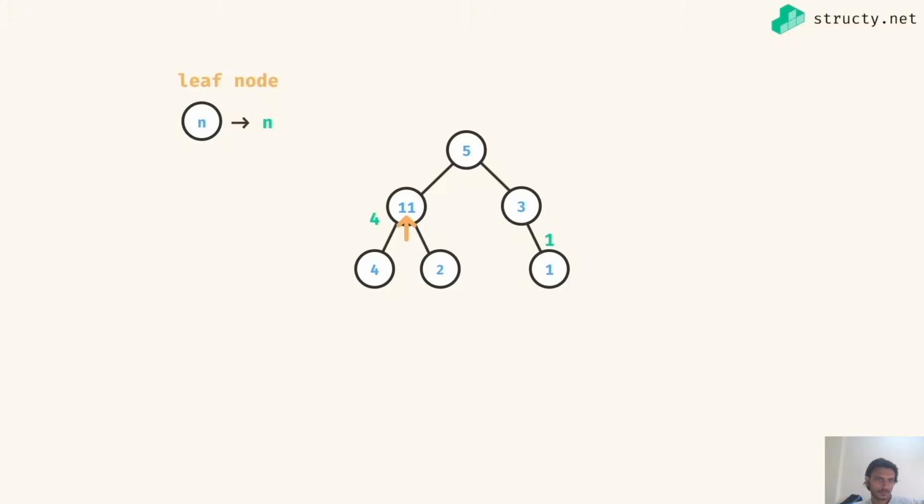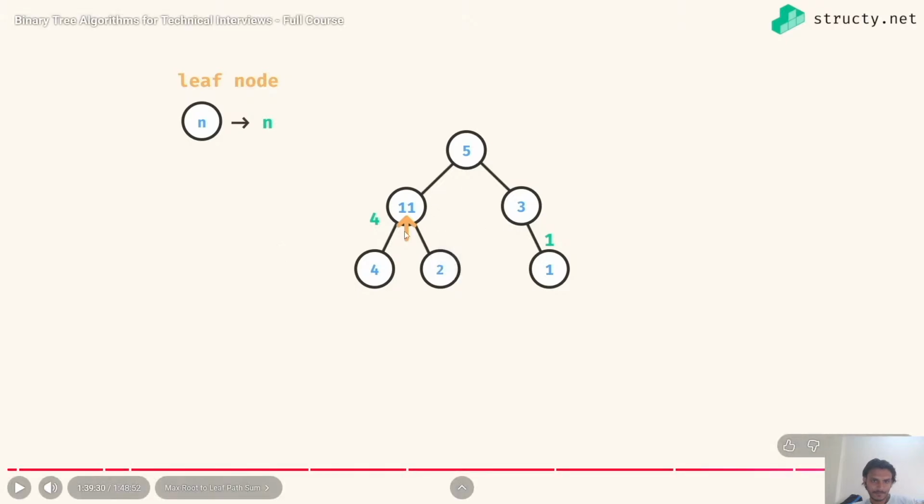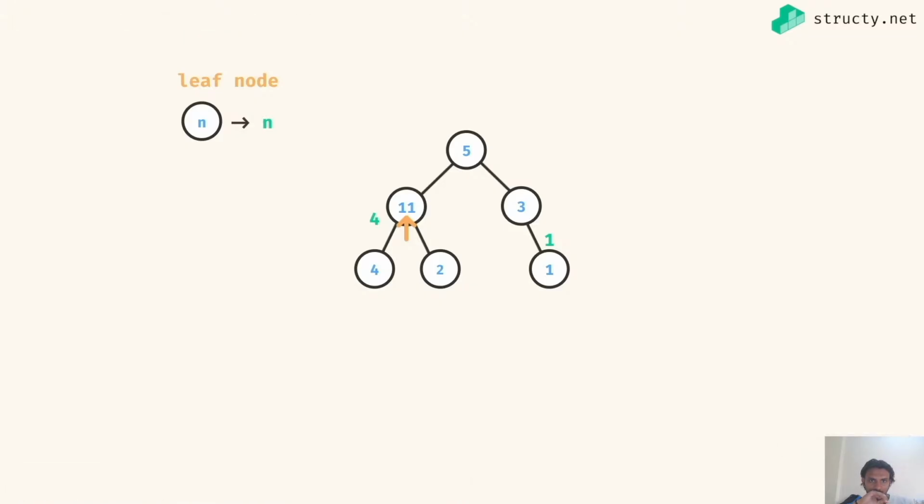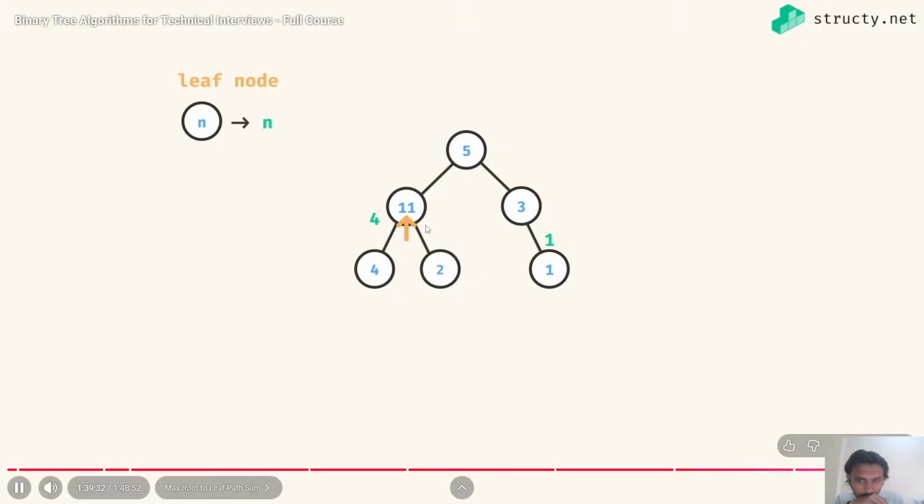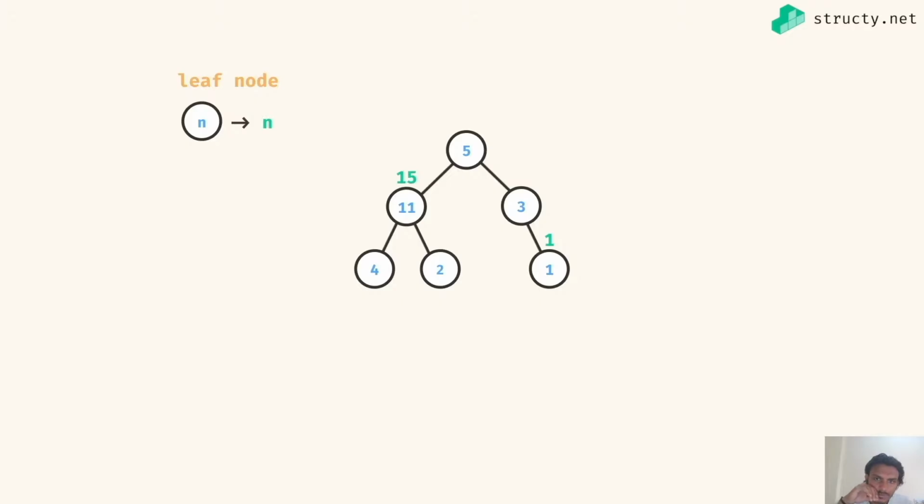And what I do is I take that 4 and I add my current value of 11 into it, and that gives me 15. And that would actually be the answer for this subtree.